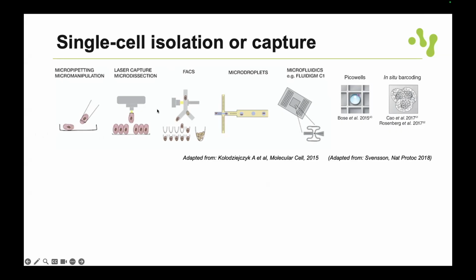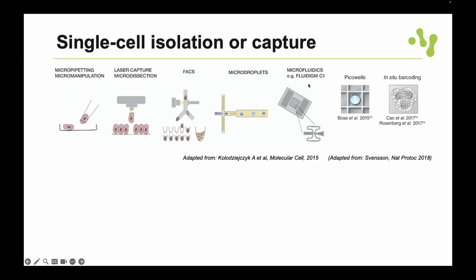Laser capture microdissection is, I would say, not so common anymore. But FACS sorting, where you sort into a plate, or the microdroplets that 10x bases its methods on, are used. There was a company called Fluidigm. I think they are still alive, but that platform is not commonly used anymore.